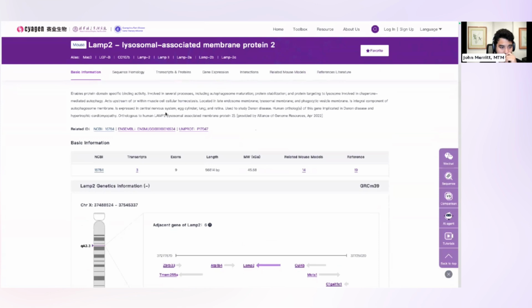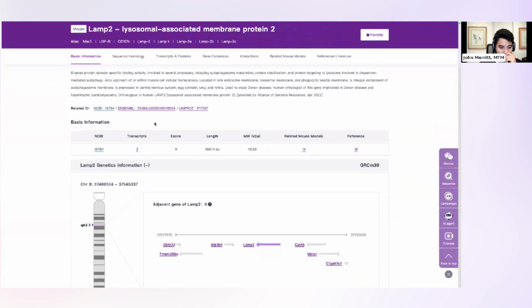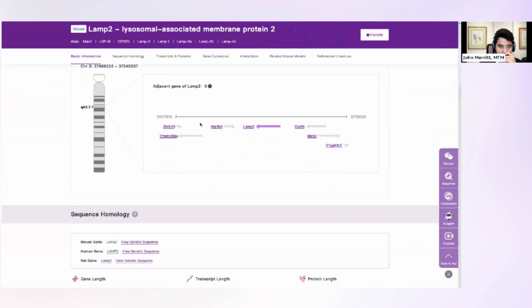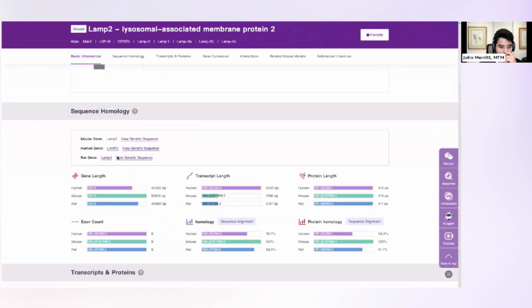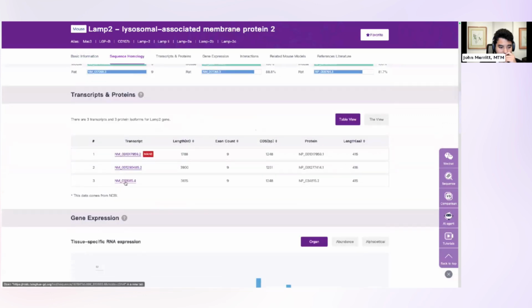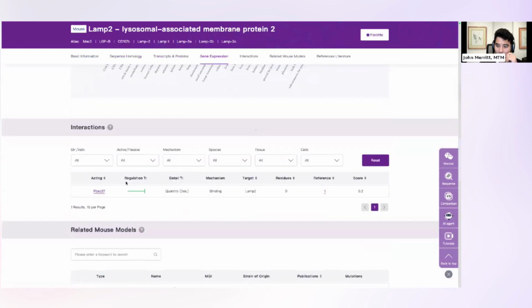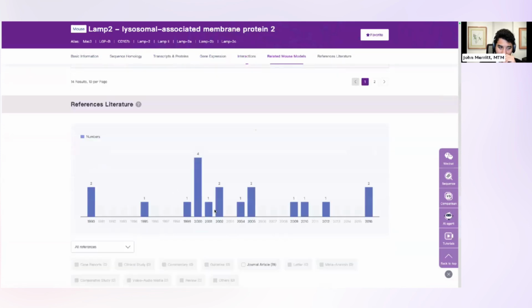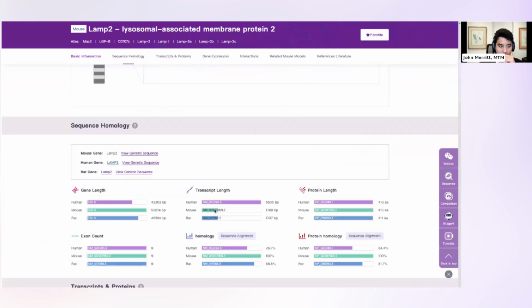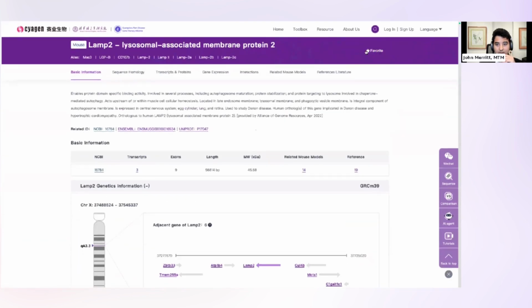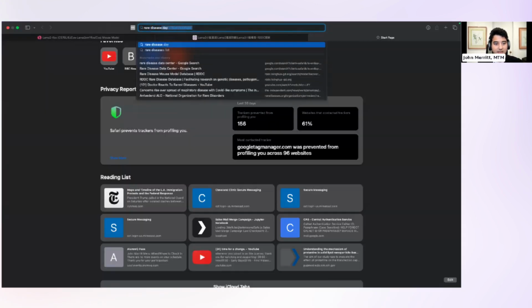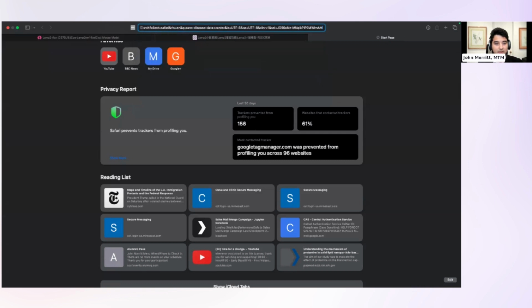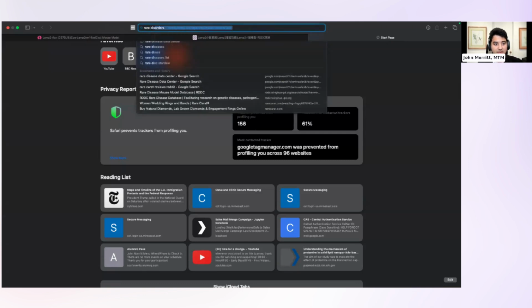LAMP2, these are adjacent genes next to it. Interesting. Okay. And let's see if I can look up the rare disease data center.